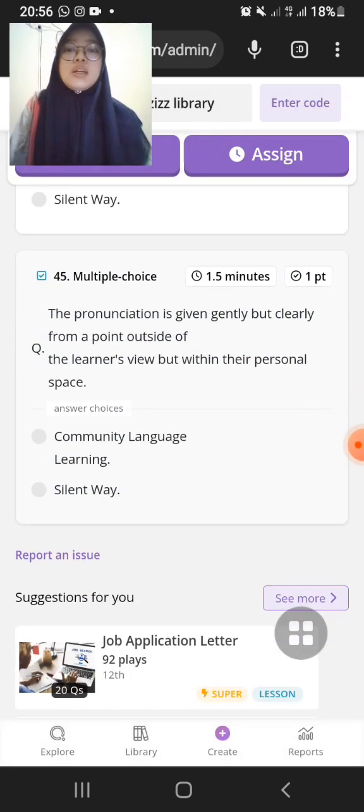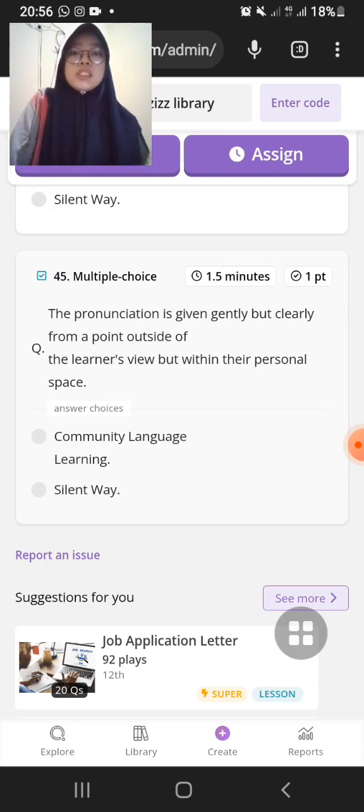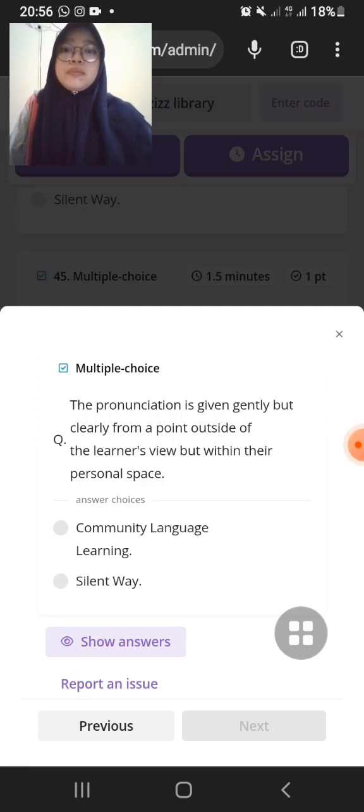The answer to question number 45. Pronunciation is given gently but clearly from a point aside of the learner's view but within their personal space. The answer is community language learning.